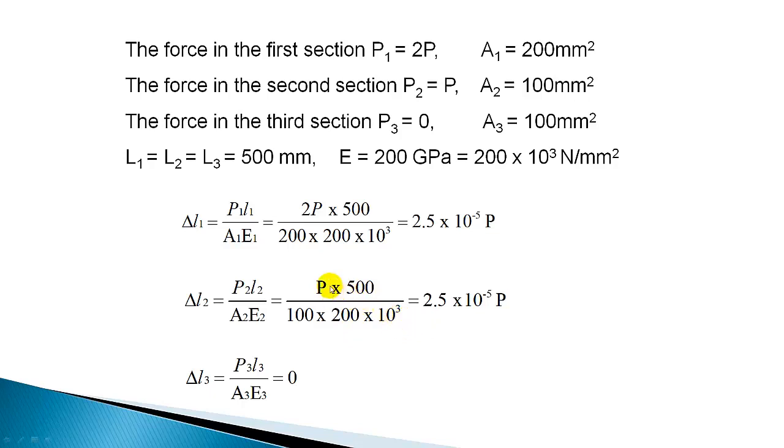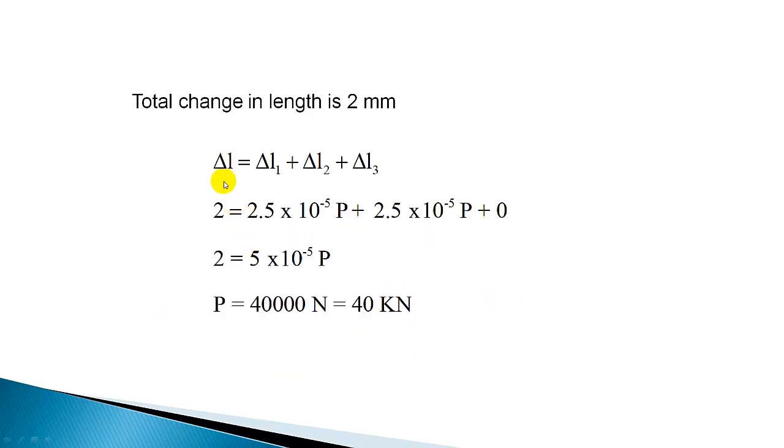So now it has to be in Newton, because we have used Newton per mm square. Force unit is Newton. So P will be getting in Newton. Delta L, this is all in mm. So we need to substitute delta L also in mm only, 2 mm.